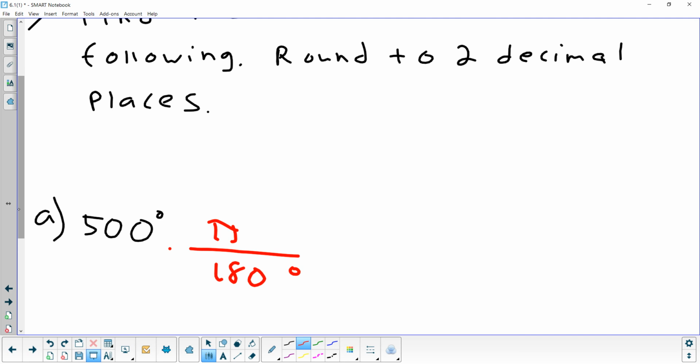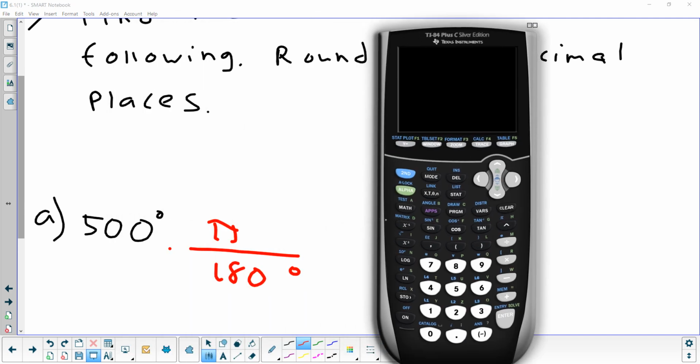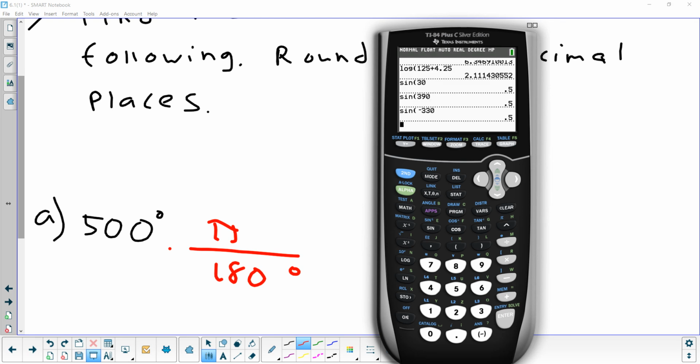The big thing here is just make sure you use the pi button. Don't use 3.14. Because if I'm asking you for an answer that's accurate to 2 decimal places, and you use 3.14 instead of pi, it's probably going to mess your answer up. So 500 times pi divided by 180, so it would be about 8.73.